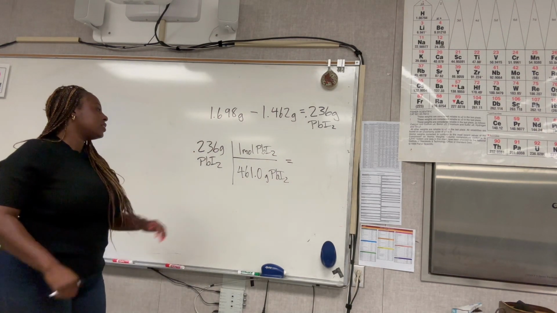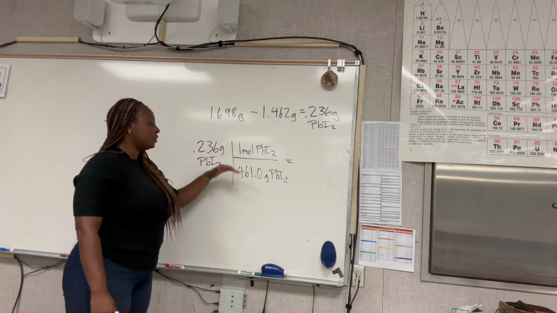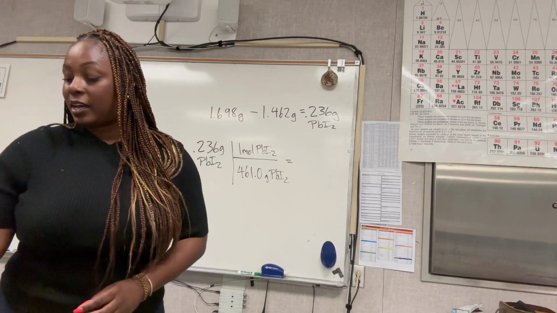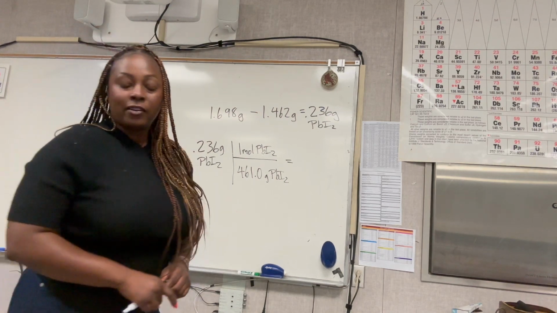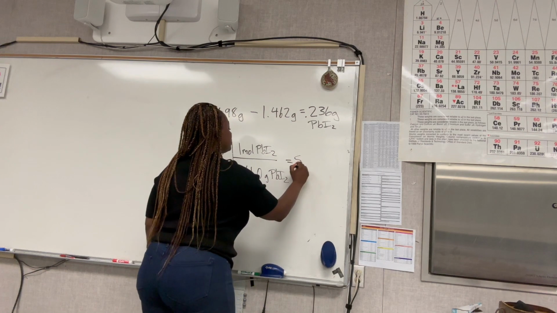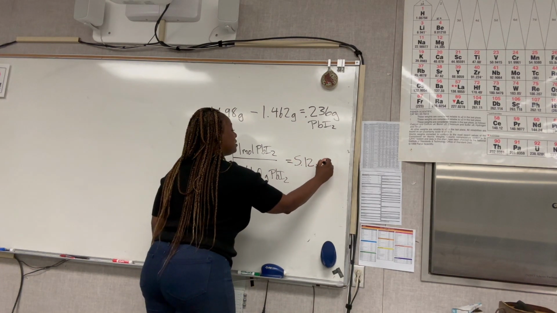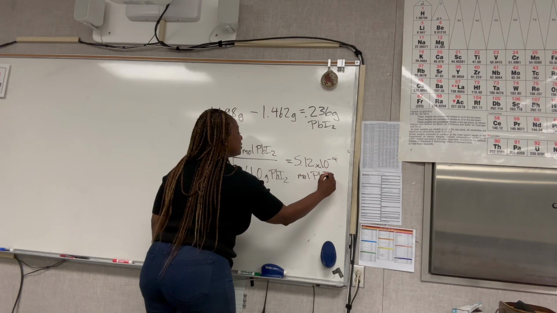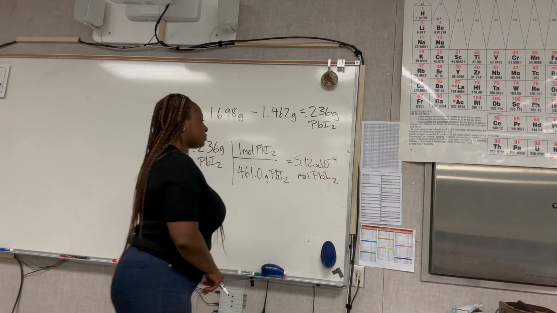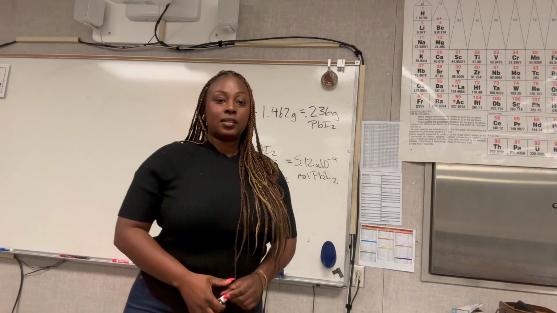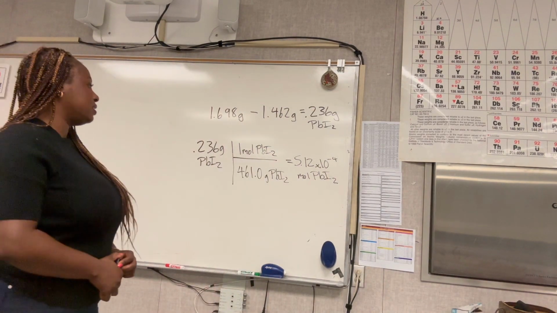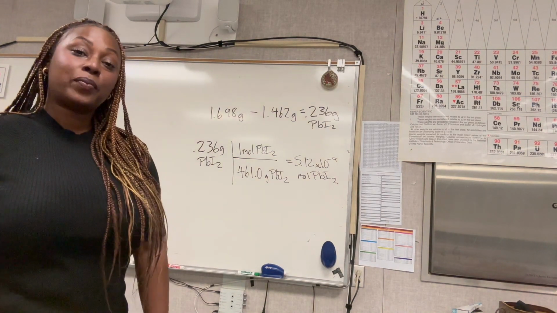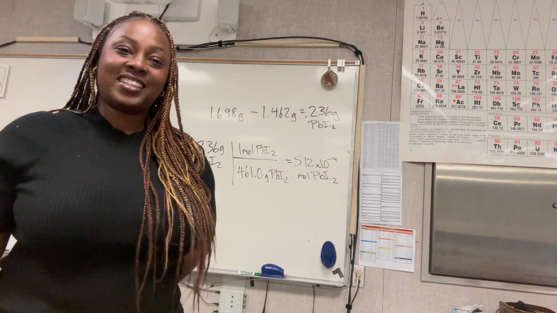So to do this, I'll do 0.236 times 1 divided by the 461, and I will get 5.12 times 10 to the negative 4 moles of lead iodide. So that there is your conversion from mass to moles with the data that was given. And we have one more part to this question.